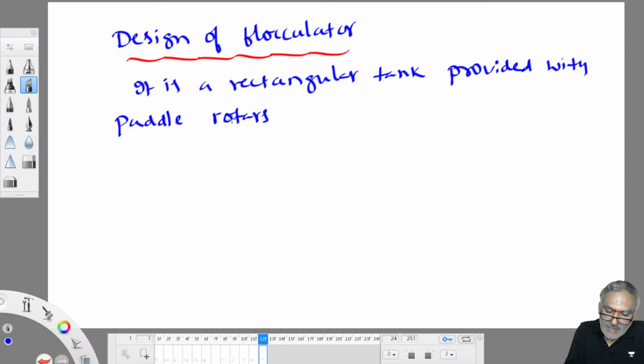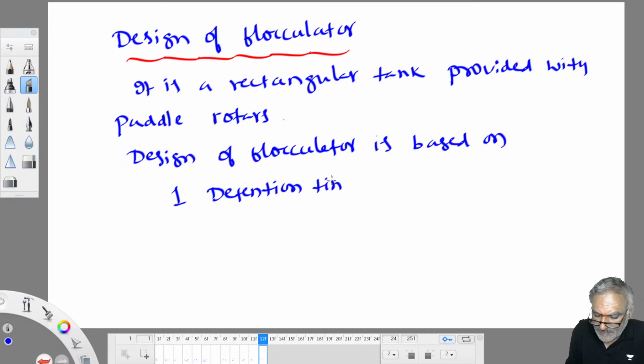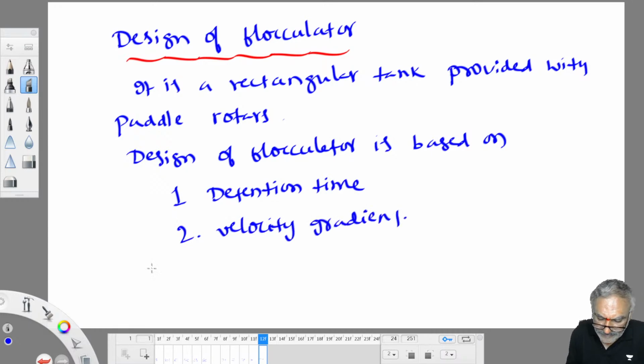Okay. So design is based on same. Moreover, detention time, but values are different. Concept is same. Second one is velocity gradient. Values sometimes you are forced to remember.